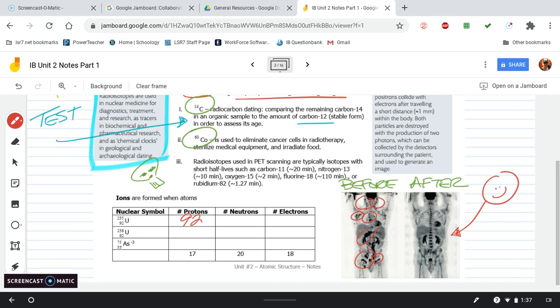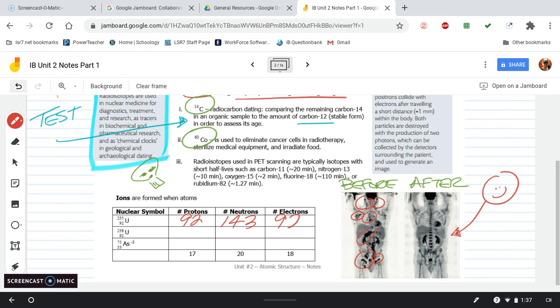You just want to know these patterns. I mean, you learn these in 10th grade, right? I think I literally just taught them to my 10th graders a week ago. So if you think of it as 235 minus 92, that's going to get your neutrons. So we're going to go with 143. And the electrons are the same as the protons because there is no charge.